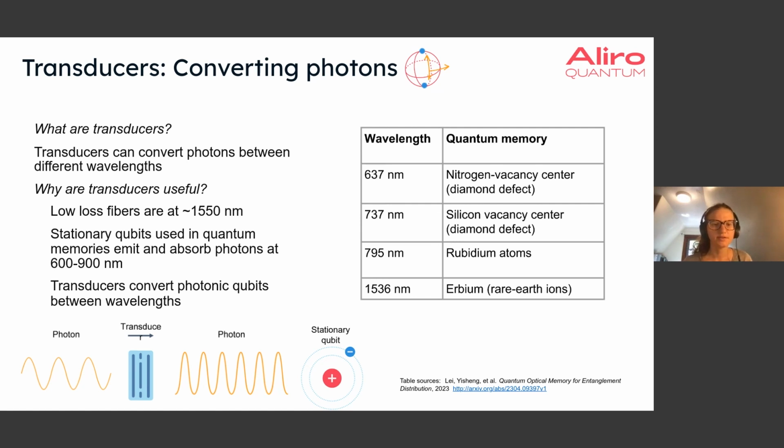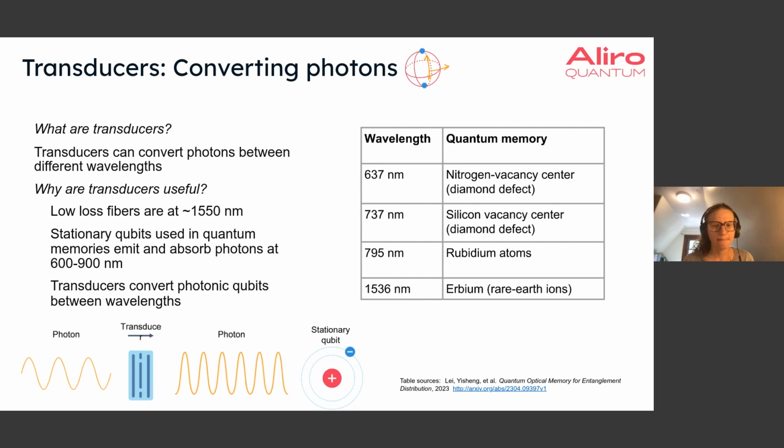However, it turns out that the stationary qubits that are used in quantum memories will emit and absorb photons mainly around 600 to 900 nanometer wavelengths. This is, of course, much smaller than these telecom photons.